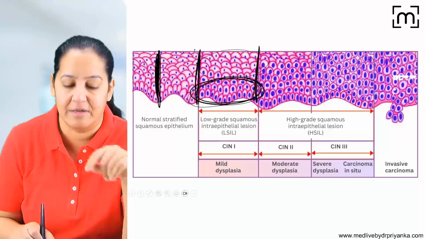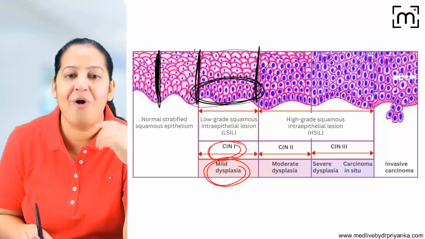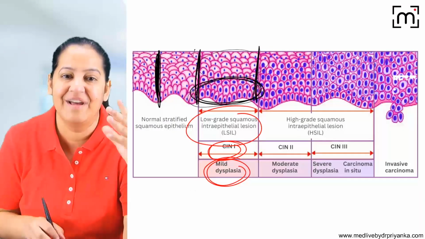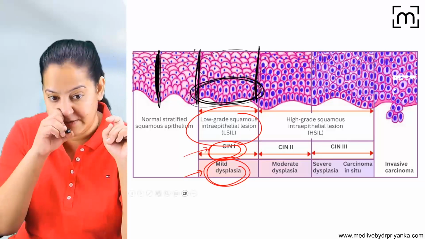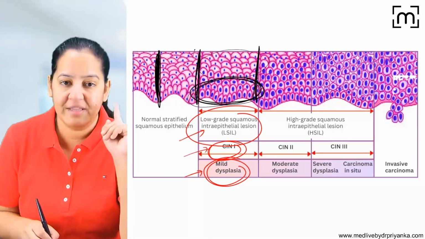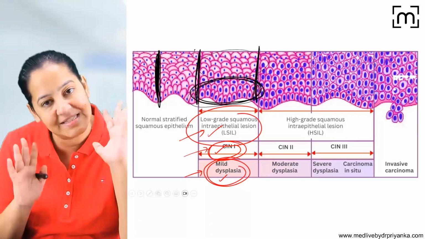So it is less than 1/3. Either you call it mild dysplasia, or CIN1, or LSIL. The meaning is the same, but the classifications are different. This is the CIS classification, this is the CIN classification, and this is the Bethesda classification. Whether I call it mild dysplasia, CIN1, or LSIL, the meaning is the same.